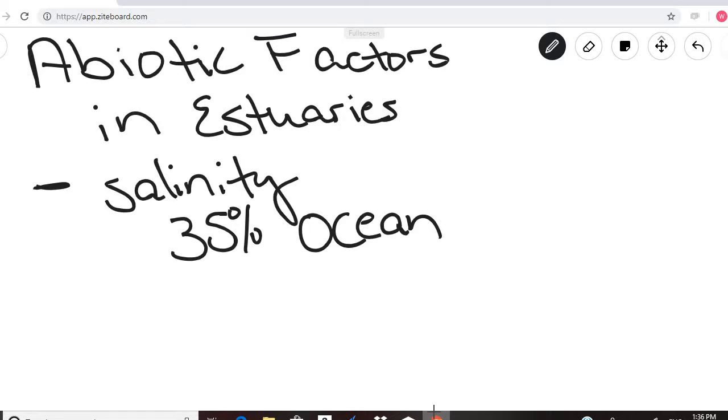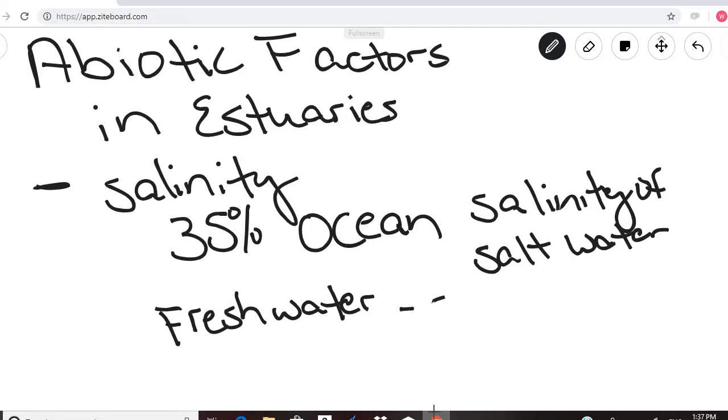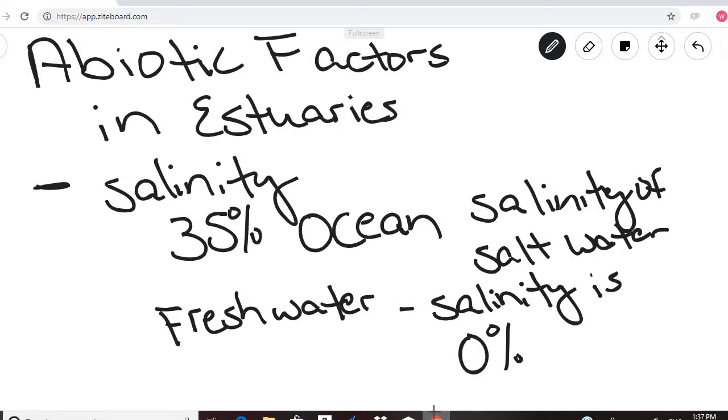So this is the salinity of salt water. And of course, for fresh water, the salinity is 0. So when an organism is closer to the ocean, obviously they're going to have higher salinity, and close to the river they're going to have lower salinity.